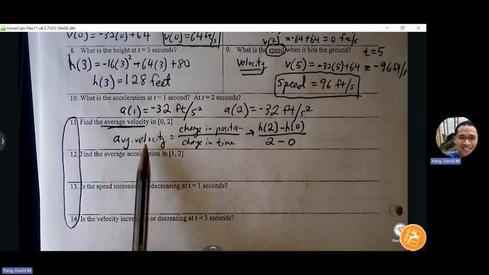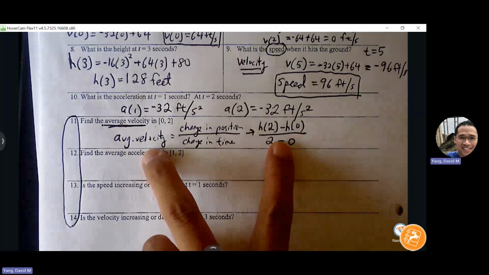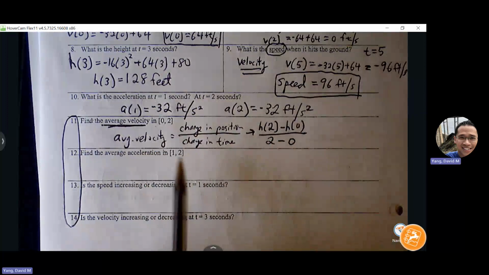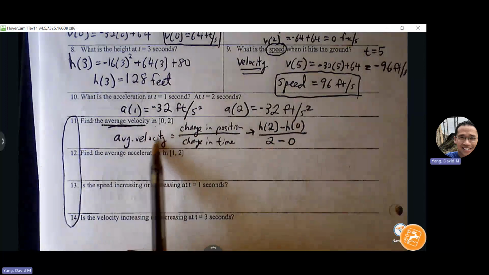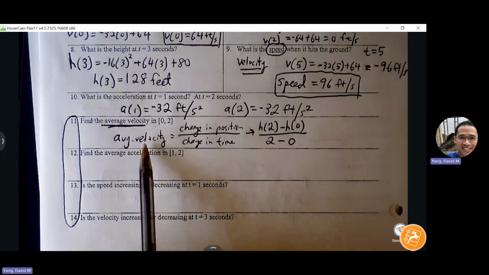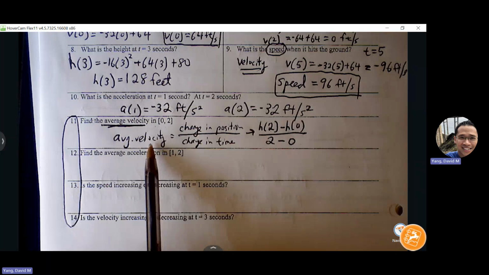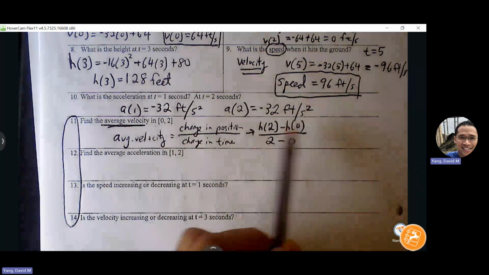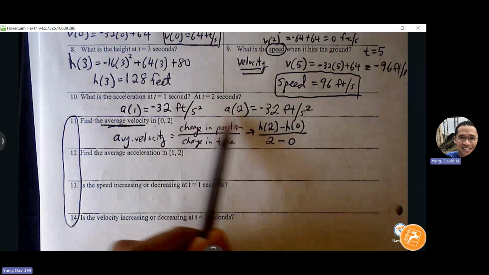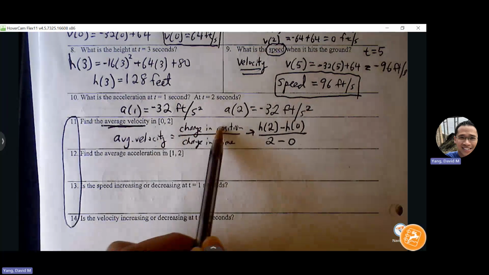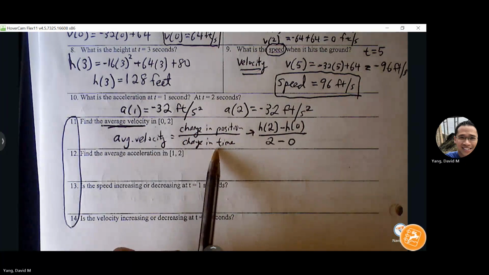But here, we don't. Sometimes students end up using the acceleration function, and we don't want to do that. We want to choose the position function, because average velocity is a change in position over change in time.